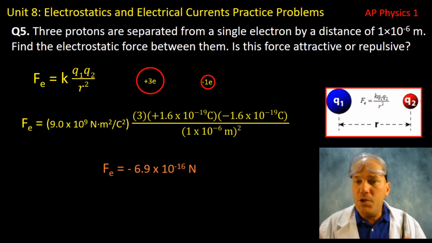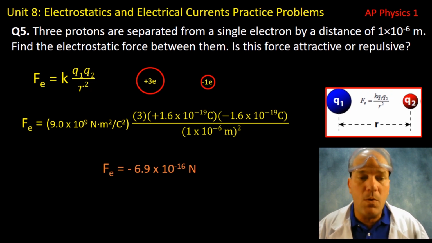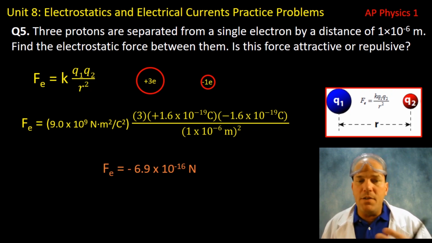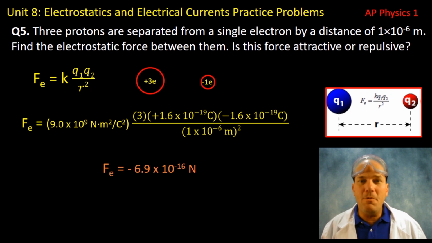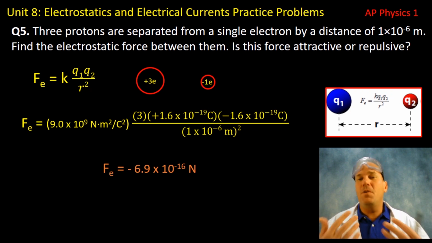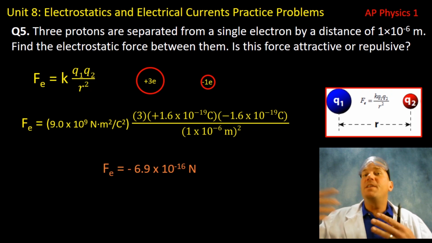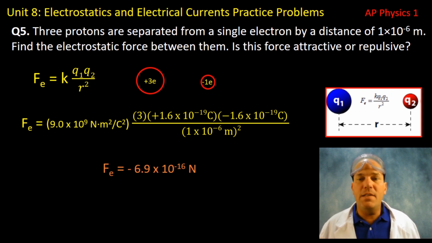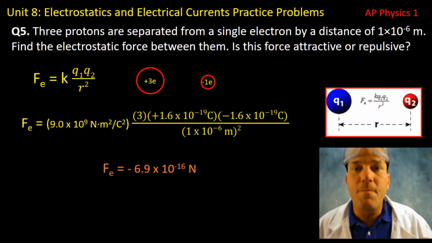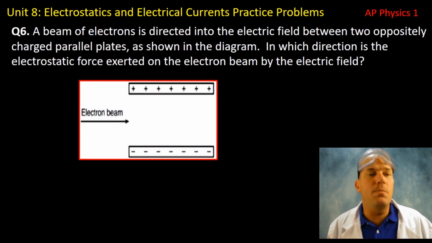And you can look at your units here, as I've asked you throughout the course, and looking at your units and the units for the Coulomb's law constant, you end with units of newtons. So this confirms our prediction that we should end up with negative signage, that this is going to be an attractive force between those two particles.